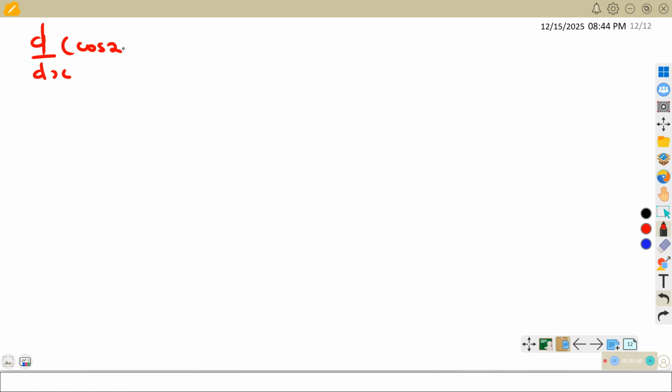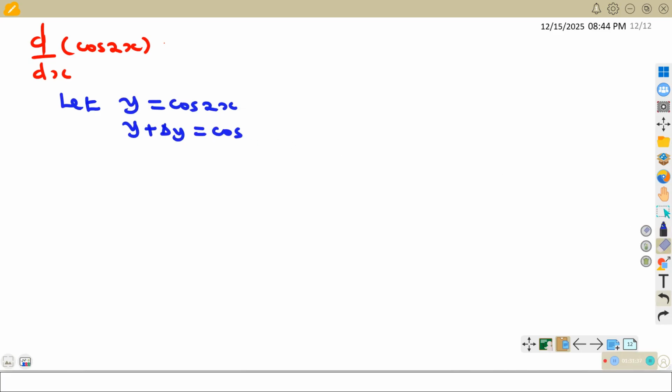cos of 2x. If the angle changes, what will happen? The procedures will still remain the same. We shall relate. I will now be moving a bit faster because we have already seen that. So y is equal to that. Bring a change in x, which will bring a change in y. So cos of 2x, a change in x.